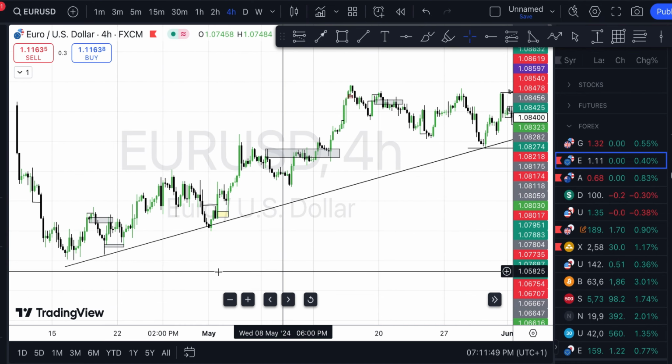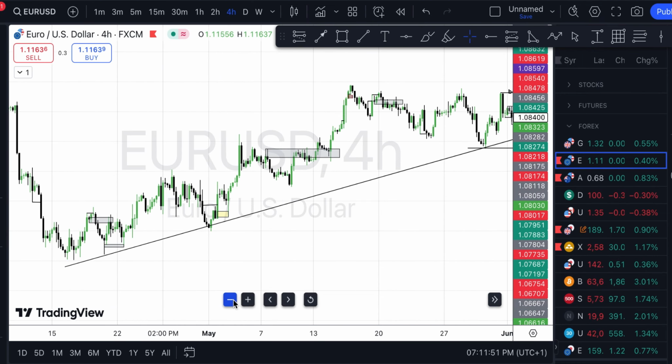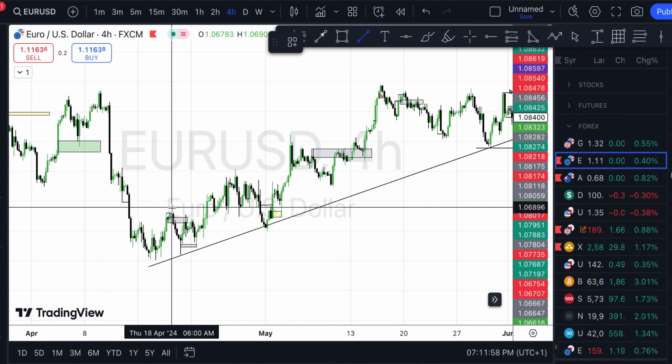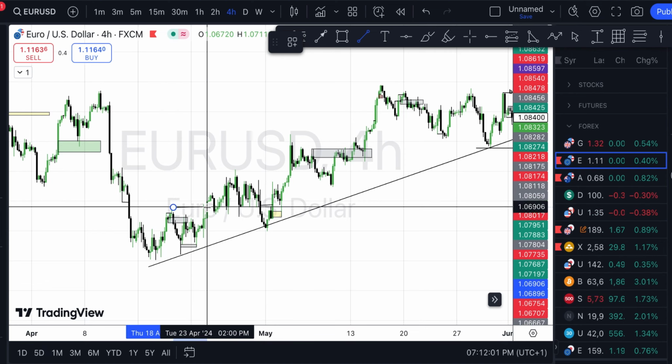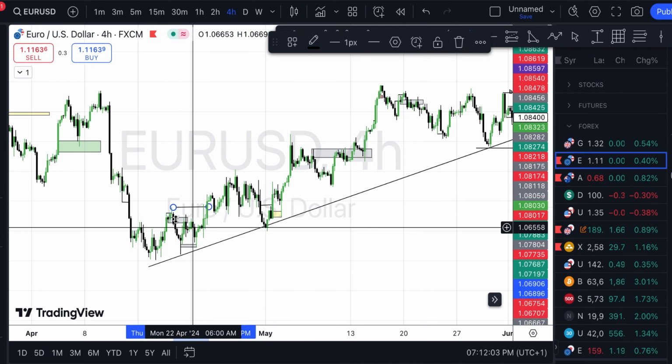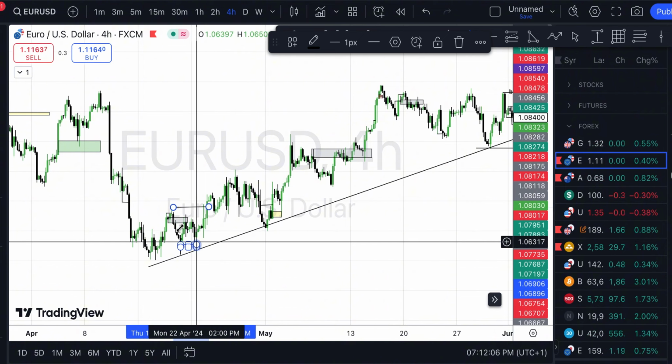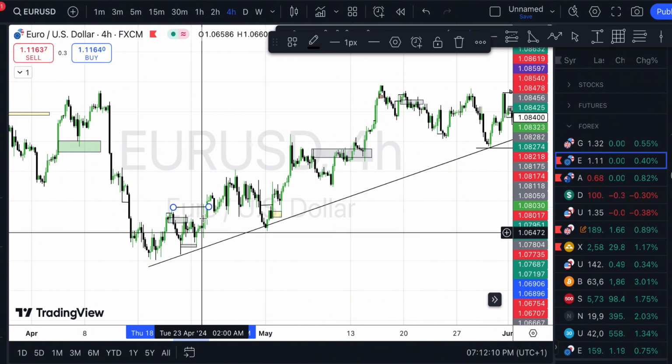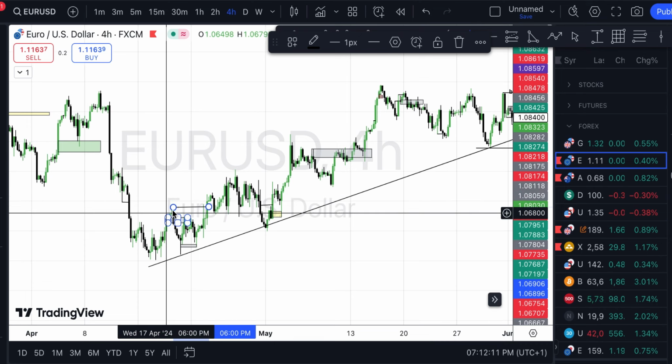This one is an uptrend example. You can see here on the chart, this was the previous high. Price came and broke this high here. Price created a higher low, then a higher high, and broke this high here.